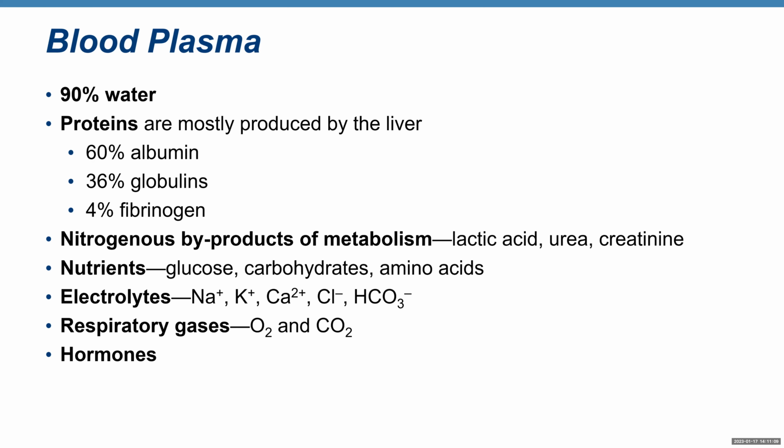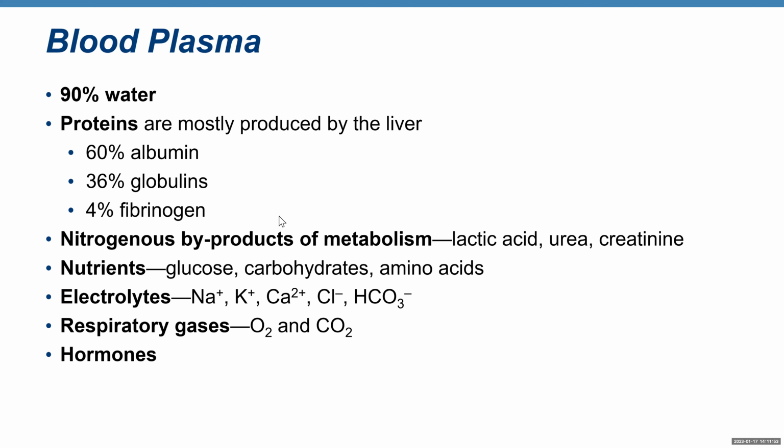In addition to water and proteins, you will find in blood plasma nitrogenous byproducts of metabolism such as lactic acid, urea, creatinine, nutrients, glucose, carbohydrates, amino acids, electrolytes, sodium, potassium, ions, and so on, respiratory gases, oxygen, carbon dioxide, and hormones.